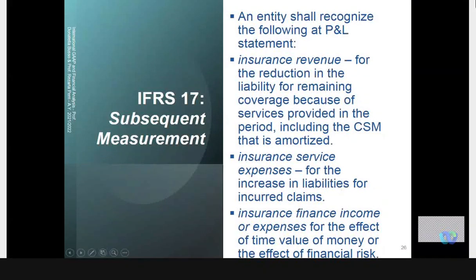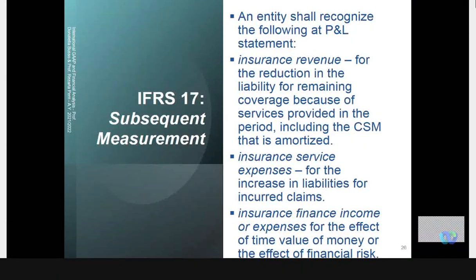Again, this is to account for the effect of time value of money or the effect of financial risk. How do we calculate the insurance finance income or expenses? That depends on the data that we are provided. Usually we are told that the average interest rate in the market is 8% or 10%. Now you calculate yourself, if you put this money in the bank at 10%, how much you would have earned after 1 year. And this is a finance income as a component of this insurance contract.